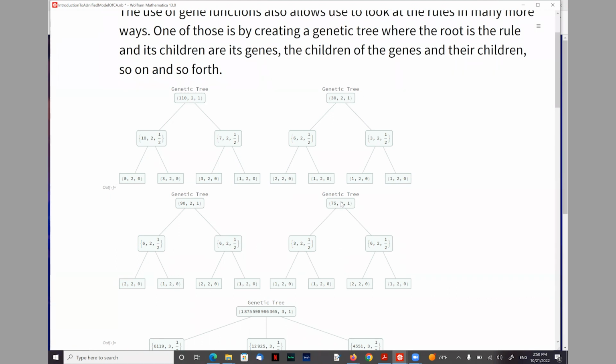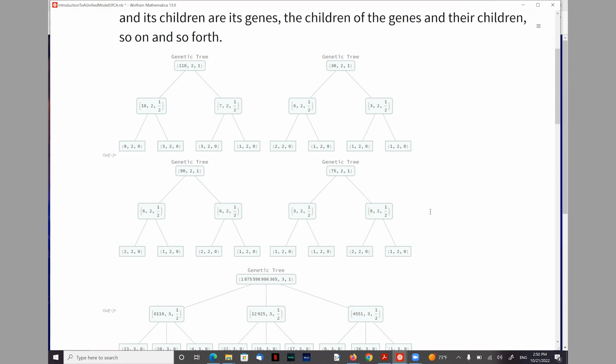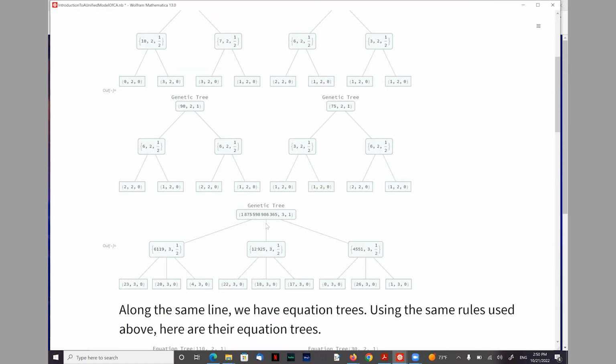And then this is the genetic tree for 75, which if you see is just the swapping of the two genes in here. But then that not only allowed me to do that, I can do that, of course, in a genetic tree for a bigger rule. I didn't want to put another one that was much bigger because I tried these with K equal to 23, and they're just huge trees.